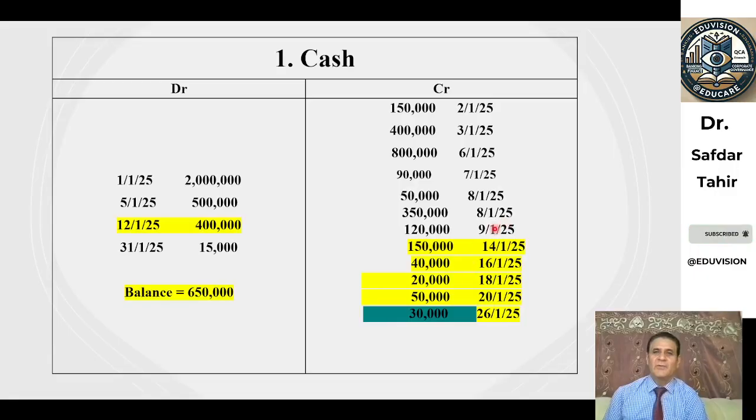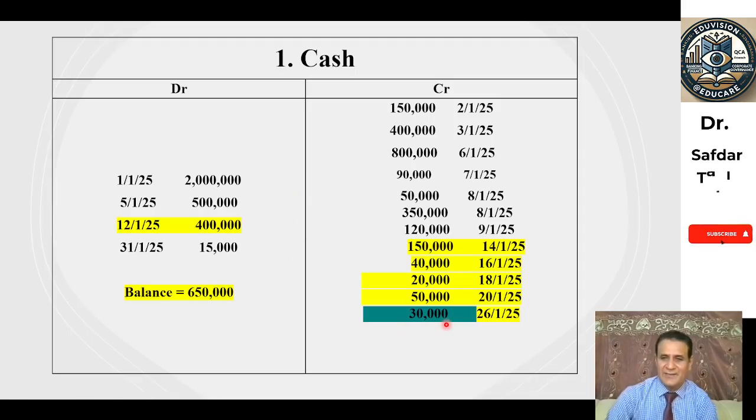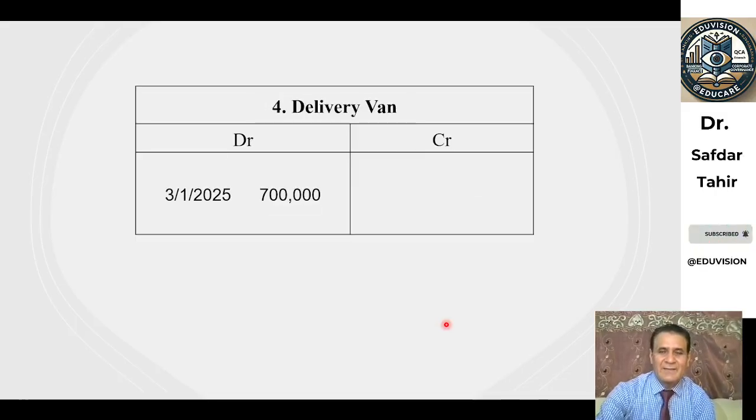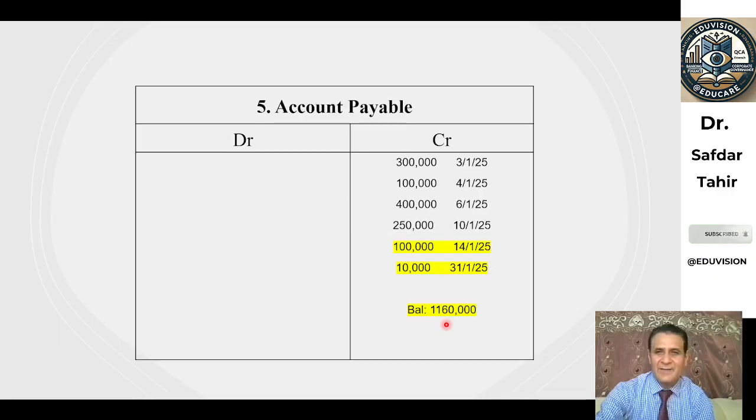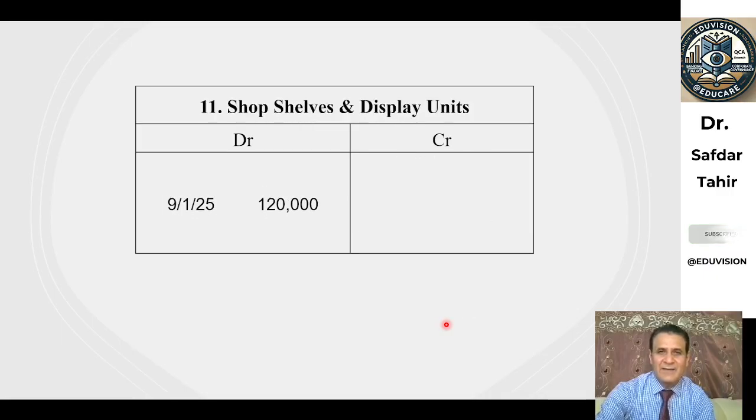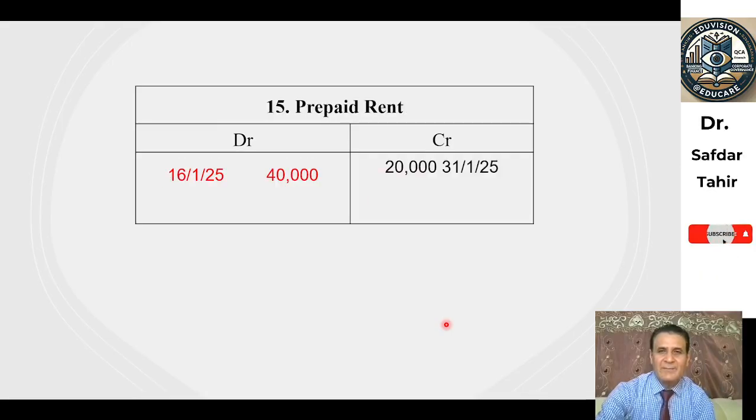In this way, you post these entries to their individual accounts, which is a ledger. The 30,000 we post here, and all the accounts remain the same other than this one, and some of the accounts may change. Again, prepaid rent has 40,000. Now it is credited 20,000 rupees on 31st of December.